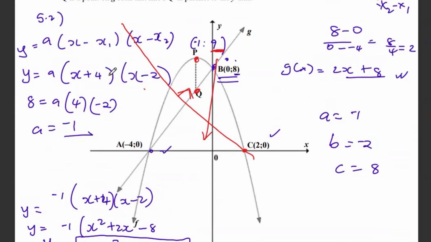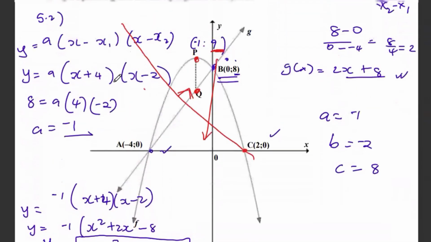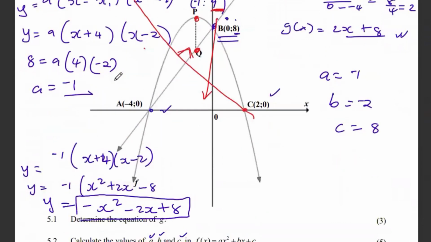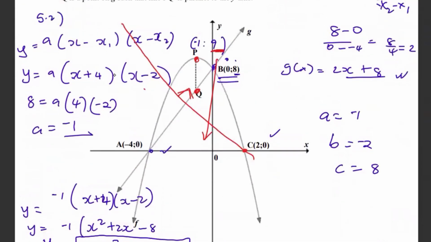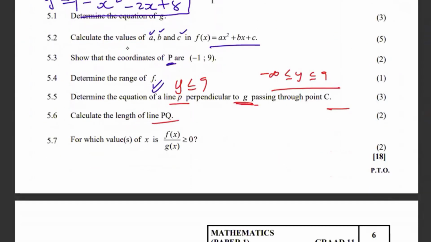The length of PQ. Now we know that F is on top or above, and G is below, which means for us to get the length, we're going to get the equation of F minus the equation of G, which is negative x squared minus 2x plus 8.